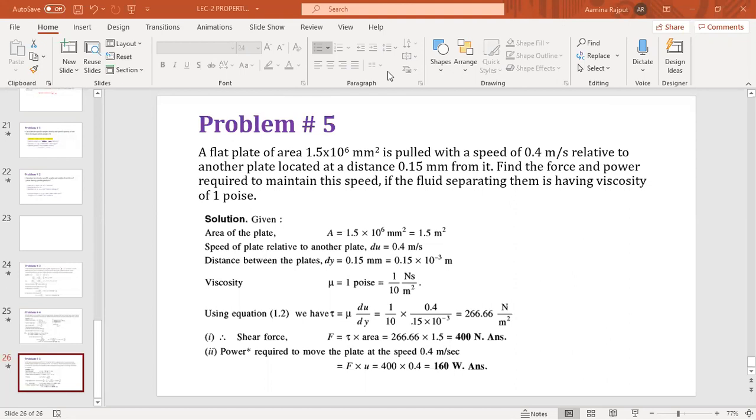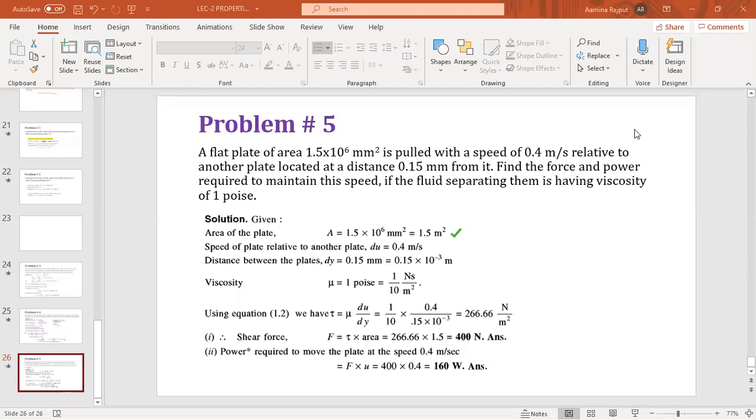So let's look at the given data first. The area of the plate is in millimeter square, so converted to meter square, it is 1.5 meter square. The speed of the plate relative to another plate: it is given that the plate is pulled with a speed of 0.4 meter per second relative to another plate. So it means that du is given.